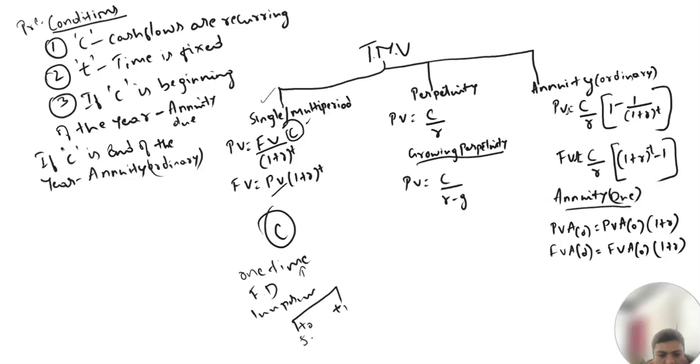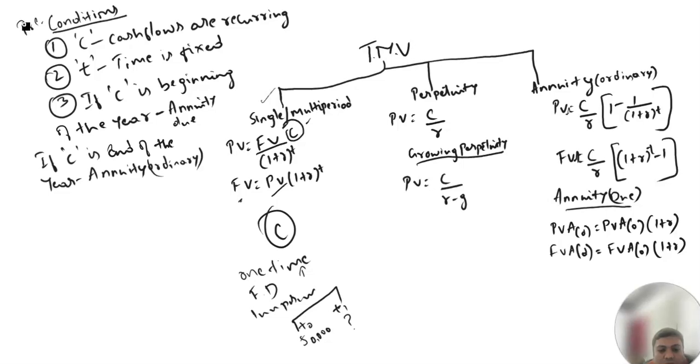Let's say 50,000 is for today, and what is the value of the investment at year one? Which means you need to apply the future value, because you know what you're investing today and you have to know the value of this investment at year one.